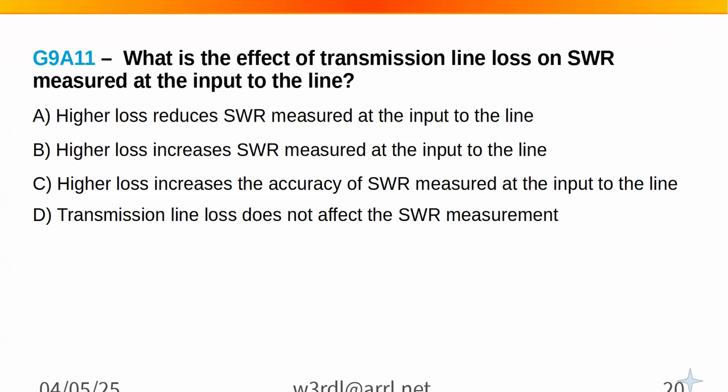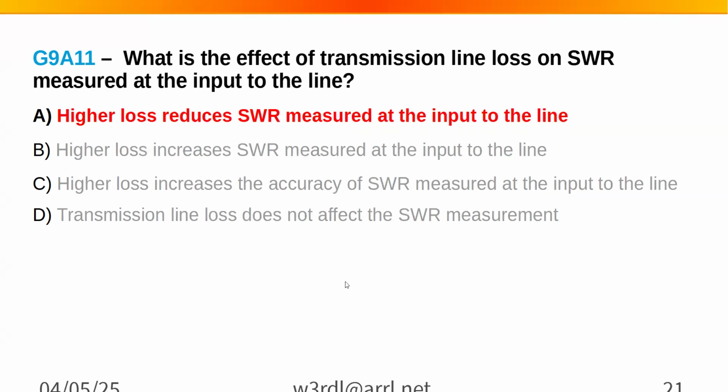Yeah, we're at the transmitter end, looking into the feed line, measuring SWR. If I had a high enough loss cable, I could have an SWR of 1-to-1, but wouldn't get anything to the antenna. SWR would be good, and the transmitter would like it.